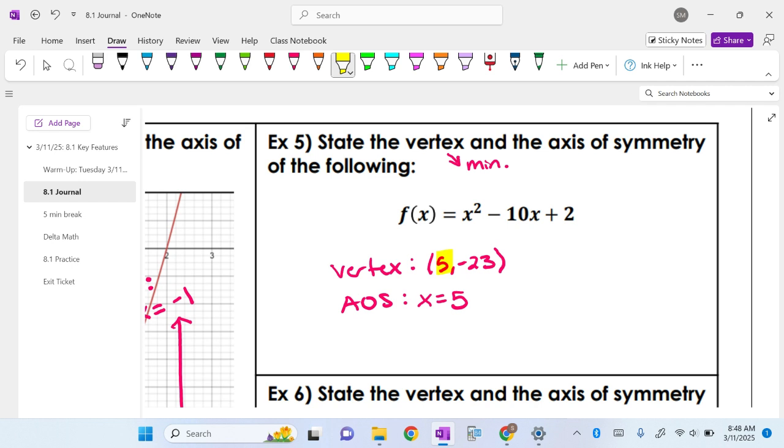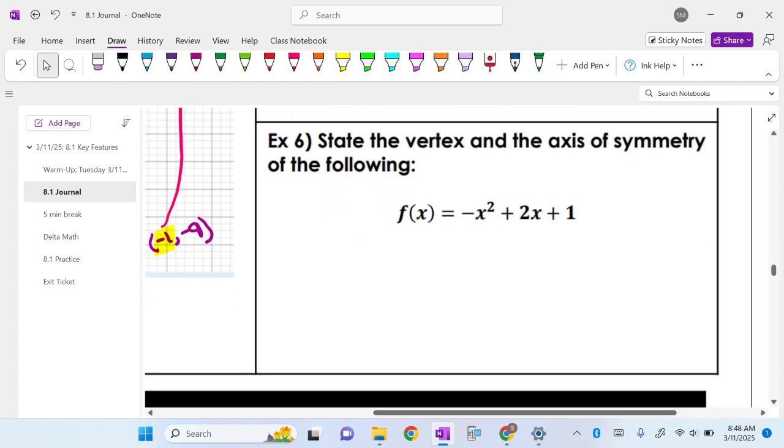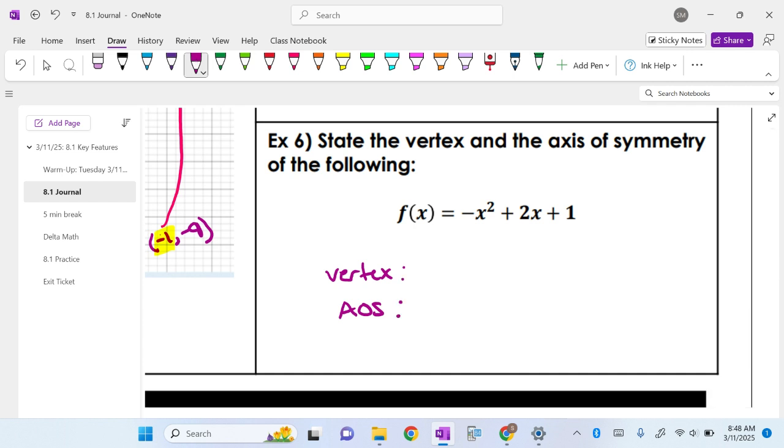All right, guys, last one and then we're done. So graph this one and find the vertex and axis of symmetry. And everyone needs to graph it, please. So again, all my sleepyheads, graph that function.